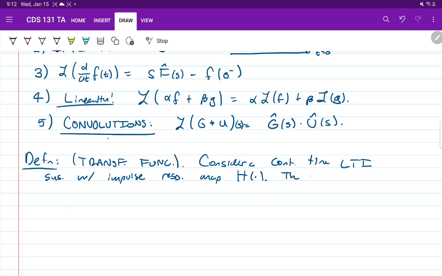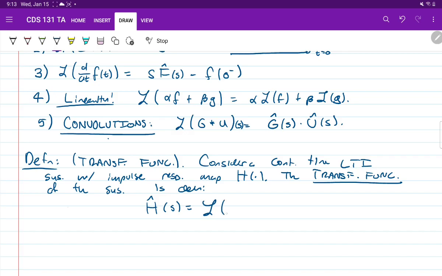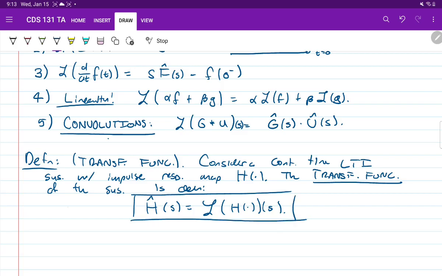So the transfer function of the system is defined as follows: h hat of s equals the Laplace transform of h. So we just take the Laplace transform of our impulse response map, and we end up with this thing called the transfer function. So by combining this property with the convolution property, the transfer function can really tell us a whole lot about how our system's going to behave.